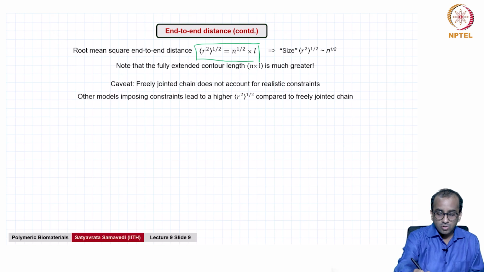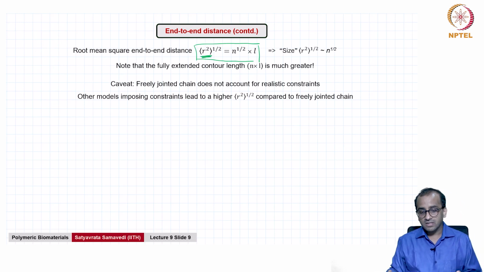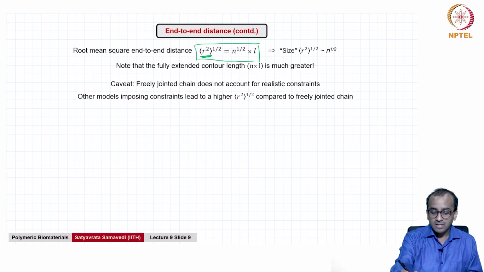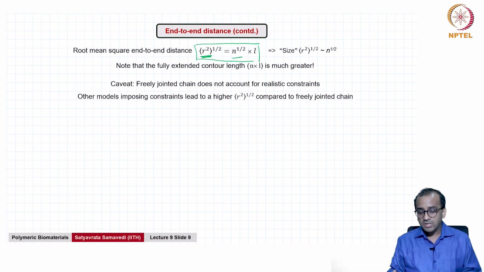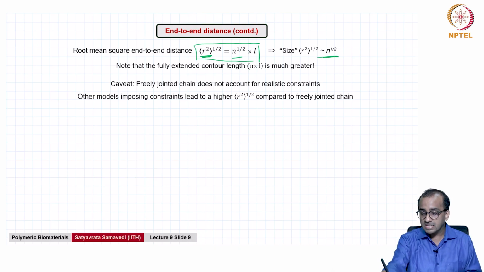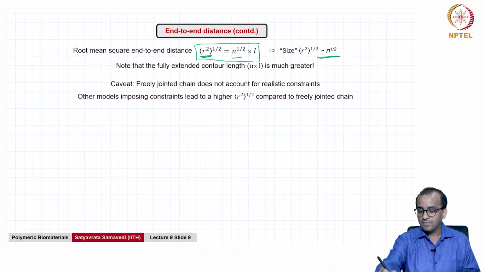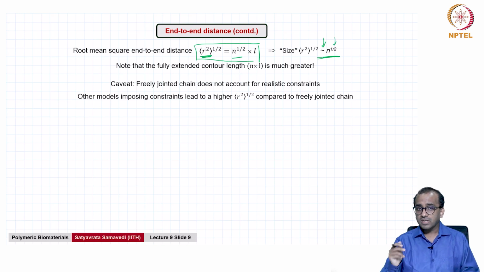So, its root mean square end-to-end distance is given as n to the half times L, or if you now want to think about size, as we said earlier, the size or the end-to-end distance, root mean square end-to-end distance scales as n to the half. This tilde symbol simply means that it scales as n to the half, and when we say scales, we are interested in these scaling exponents.